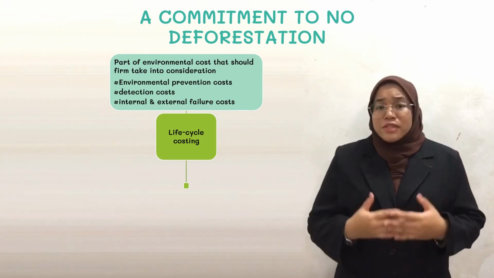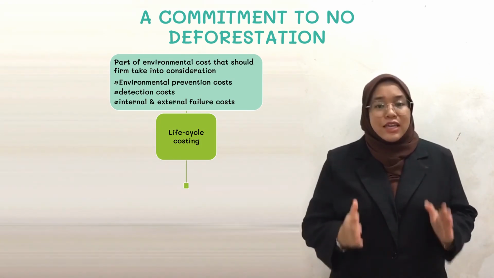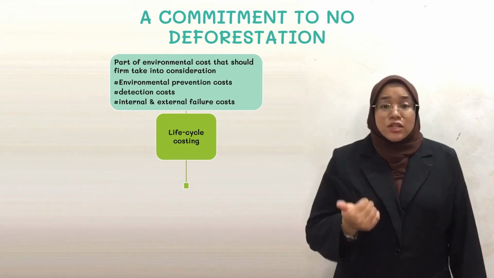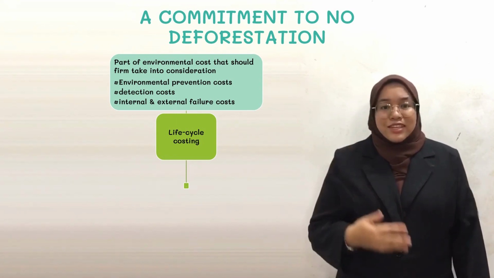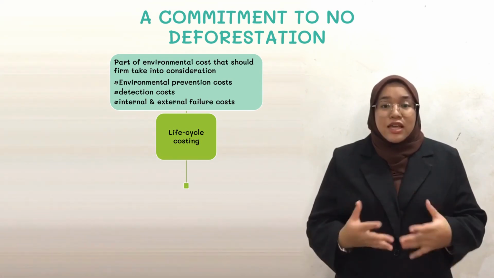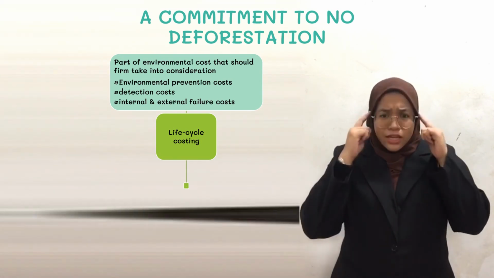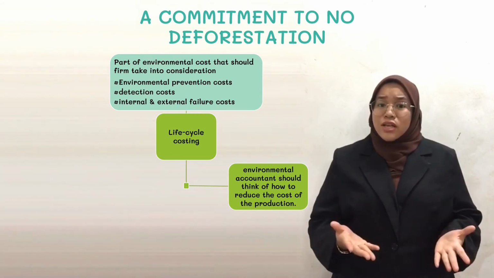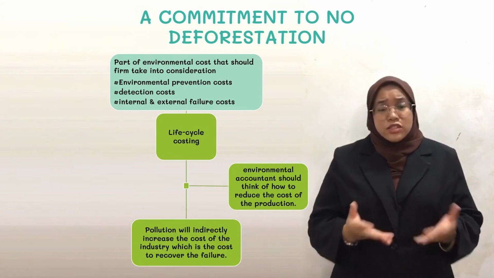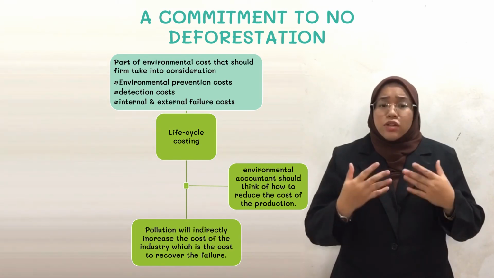Part of the environmental costs that a firm should take into consideration are prevention costs, detection costs, and also internal and external failure costs. Since all the costs are taken into consideration, the environmental accountant should think of how to reduce the cost of production. Pollution will indirectly increase the cost of the industry, which is the cost to recover the failure.